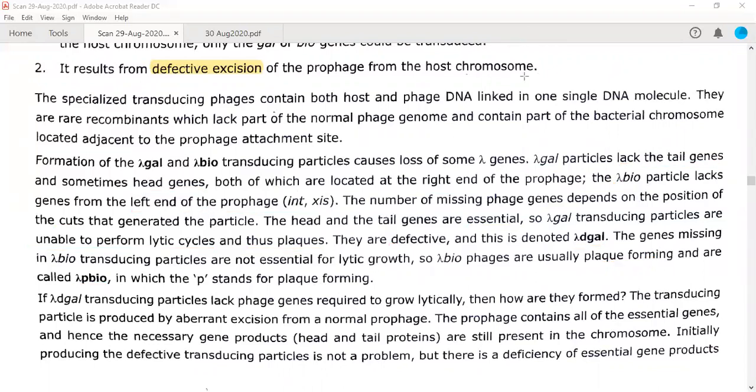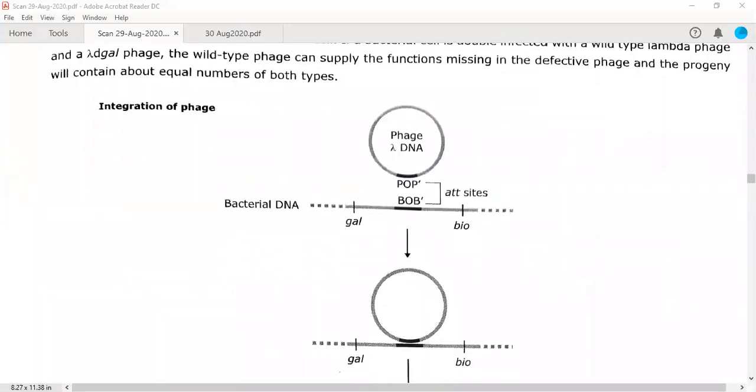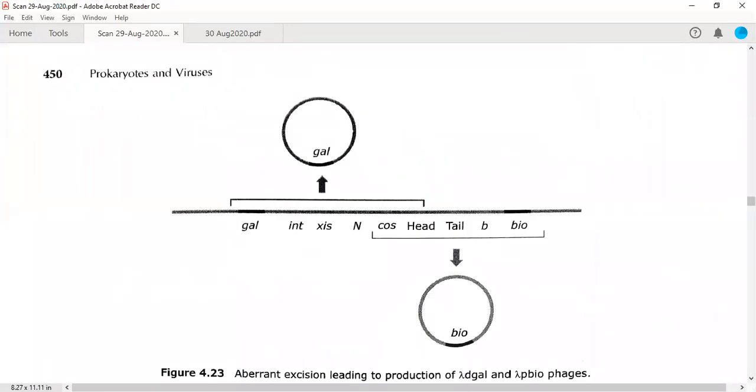So move to the diagram, you will understand better from here. This is a prophage, so suppose from here up to here, and it is having this black colored region, which is actually the integration region, and integration is a result of POP dash and BOB dash.